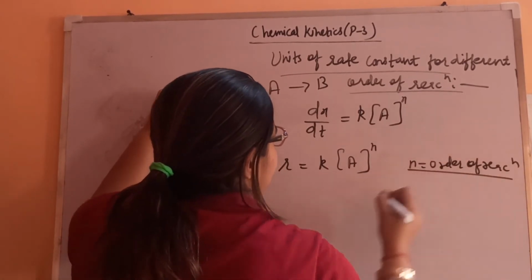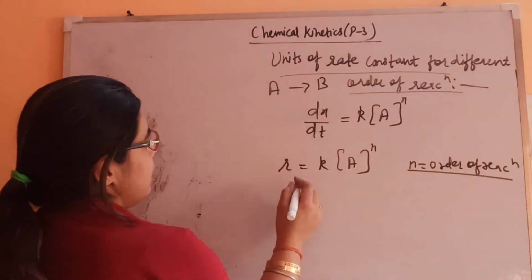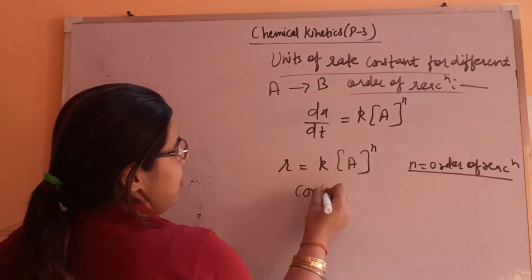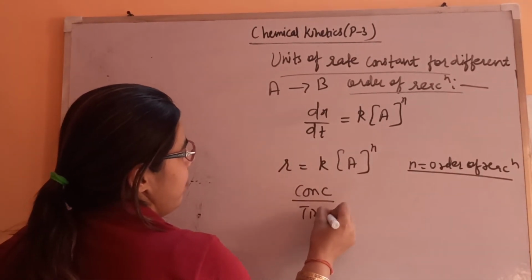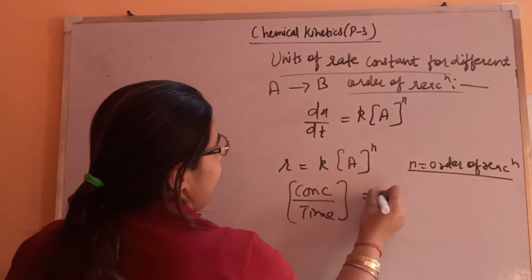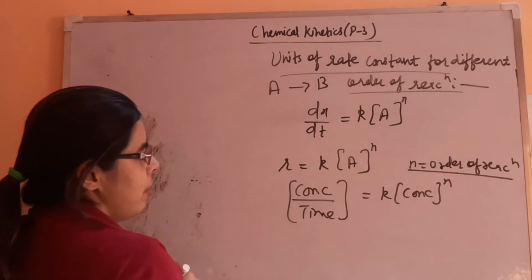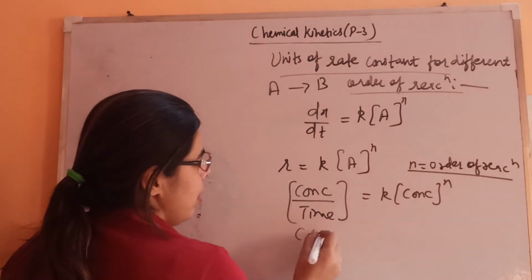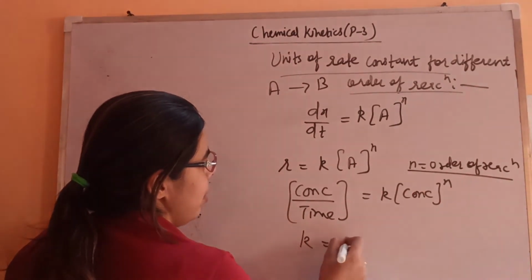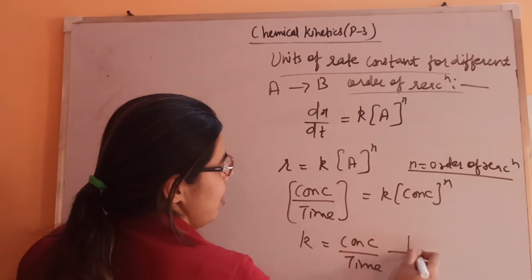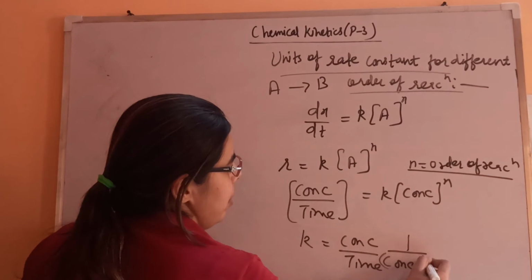So let's see how to derive. dx/dt is concentration divided by time, equal to K times concentration raised to the power n. So what is K from here? Concentration divided by time, and this will also come here, concentration raised to the power n.